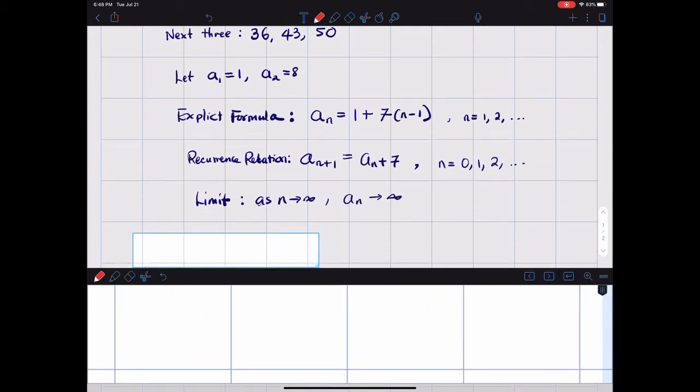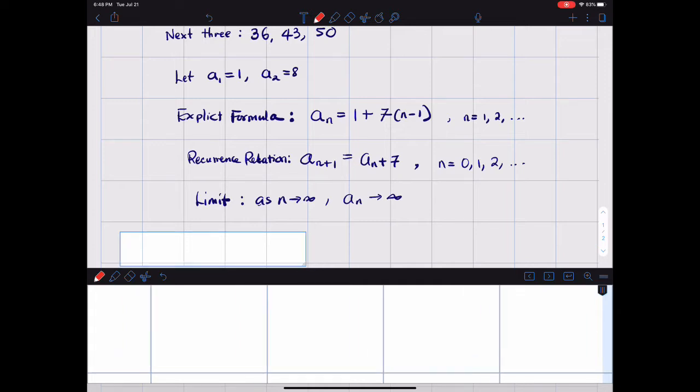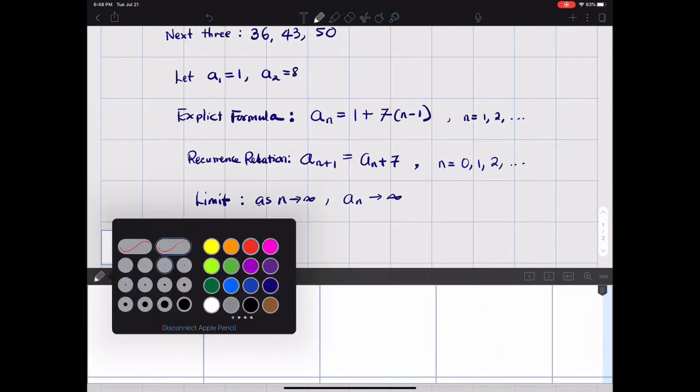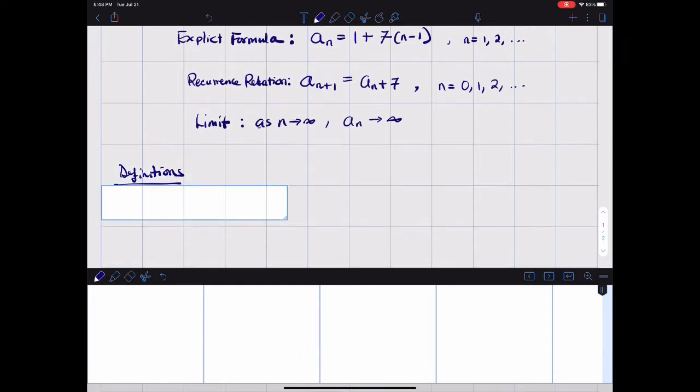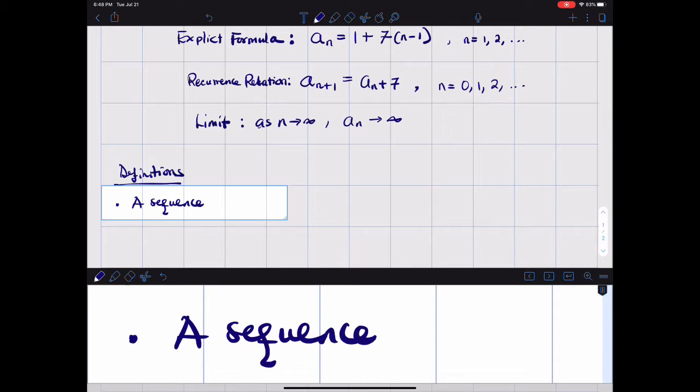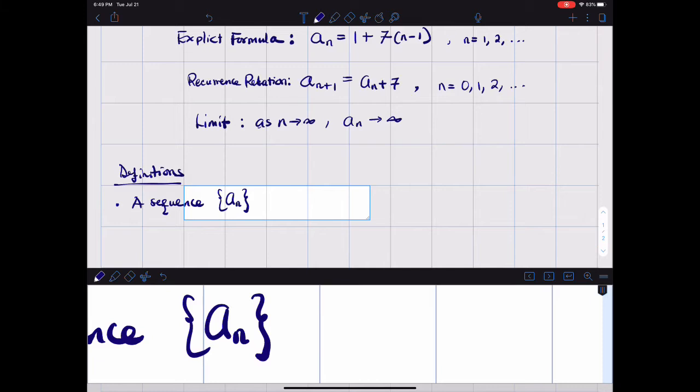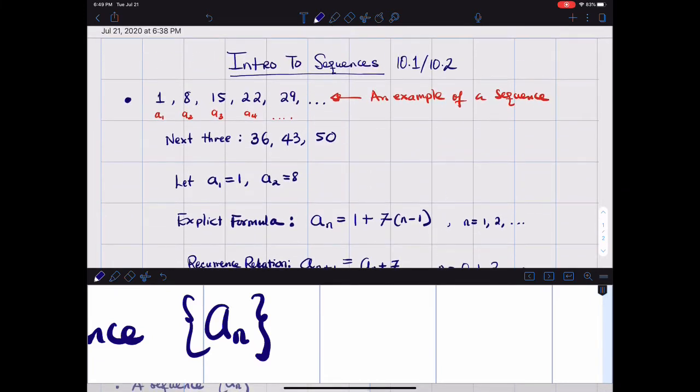So maybe we can formally define what a sequence is now with all these things we've done. So, definitions. A sequence, we're going to represent it now as An's. All right.